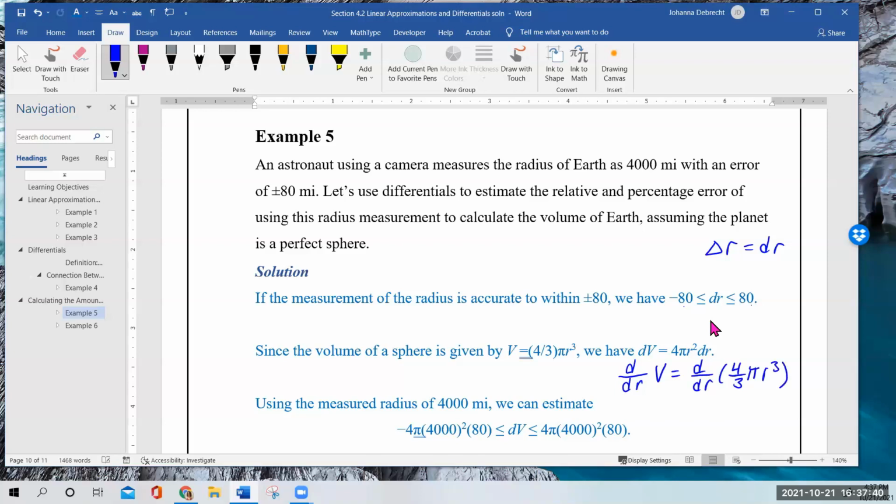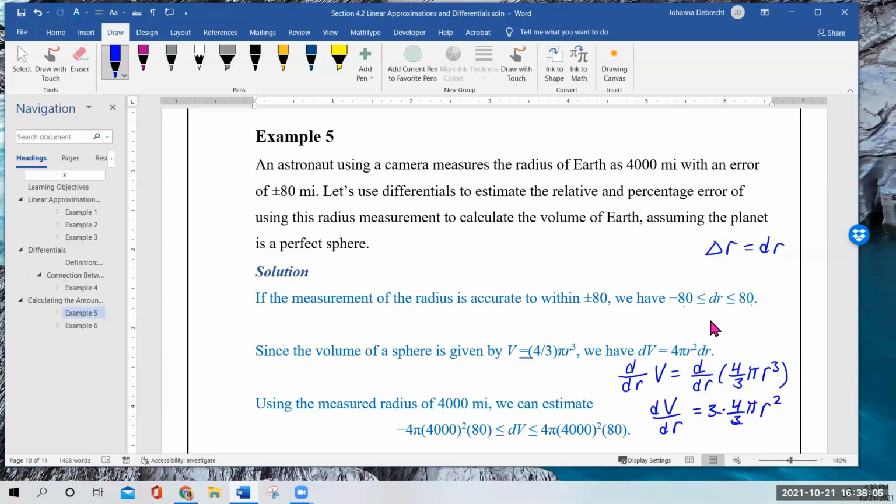Since v is not r, we have to leave it written as dv dr. On the right side, however, this is r cubed, and since we're taking the derivative with respect to r, the differential will disappear. We get the 3 brought to the front, multiplied by the 4/3 pi, and reduce the power on r to r squared.